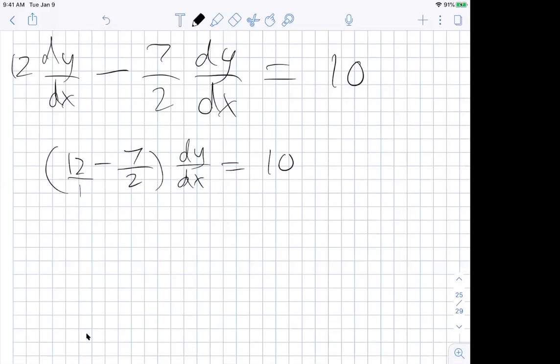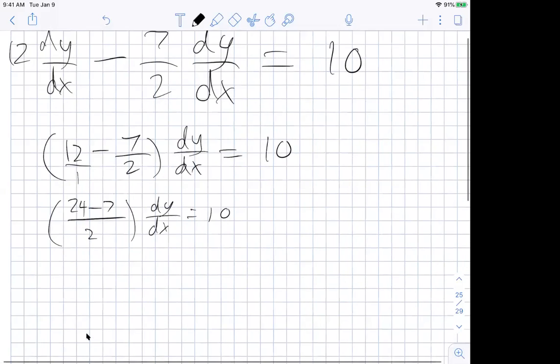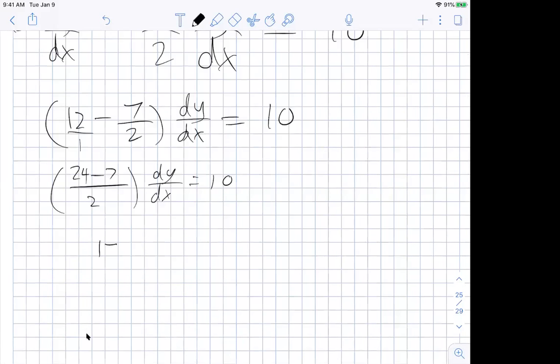So 24 over 2 minus 7 over 2, 24 minus 7 over 2. So that tells me 17 over 2 dy dx is equal to 10. And then multiply both sides by 2 over 17 to finish the problem off.